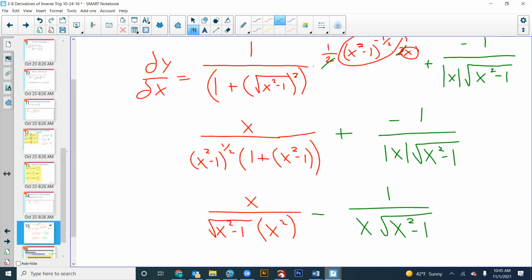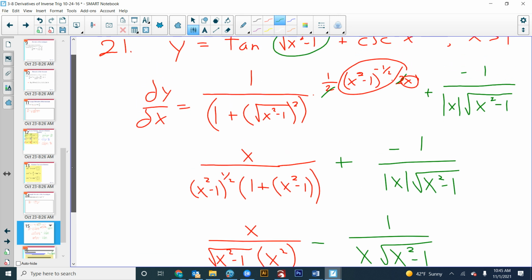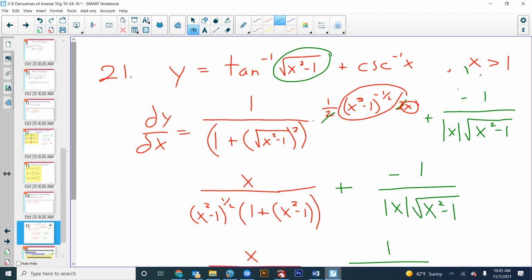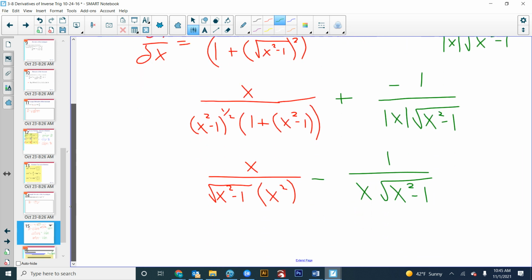But wait. We don't need the absolute value around that anymore. Why not? Up top it said x is always greater than 1. X can't be negative. Don't need an absolute value. That was special for this case.